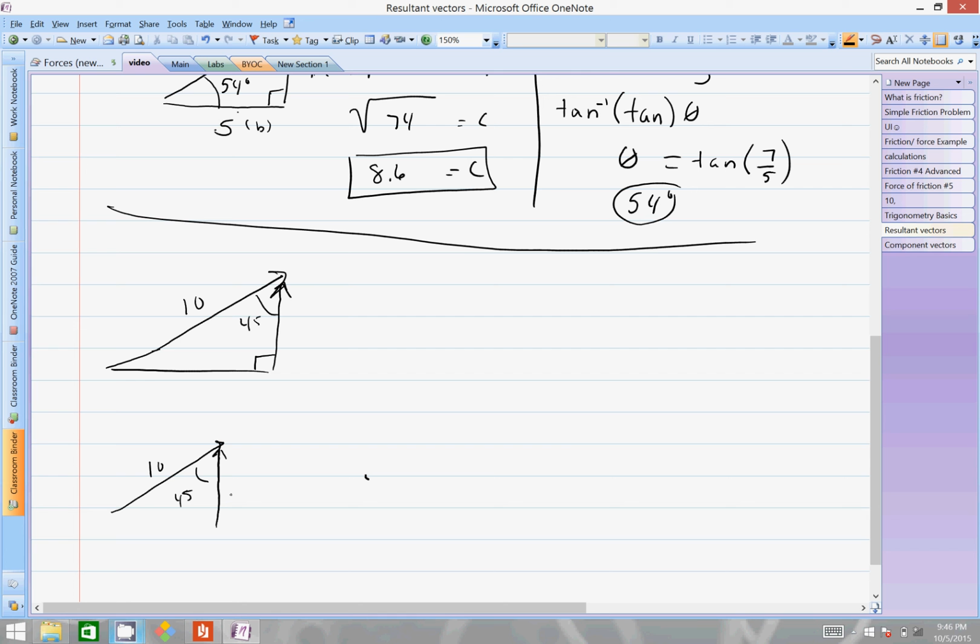I want to know everything else, including the resultant vector. Actually, let's back this problem up a second.